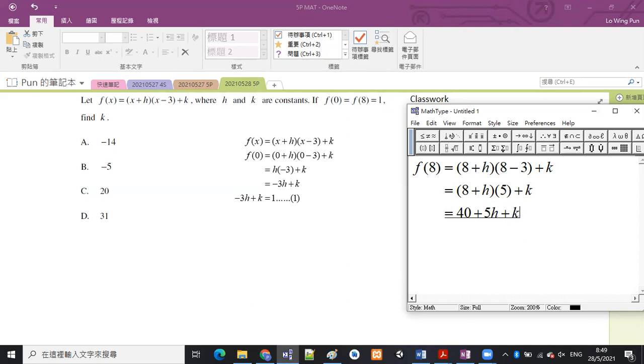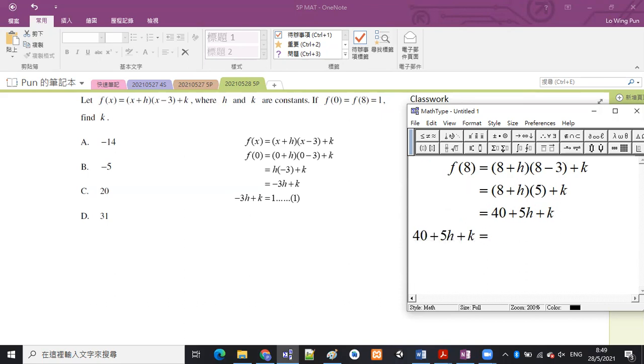But what should be the value? What is the given value of f8? f8 is equal to 1. So I'm going to put my f8 to be equal to 1. And I just move the 40 to the right hand side. 1 minus 40 becomes -39.